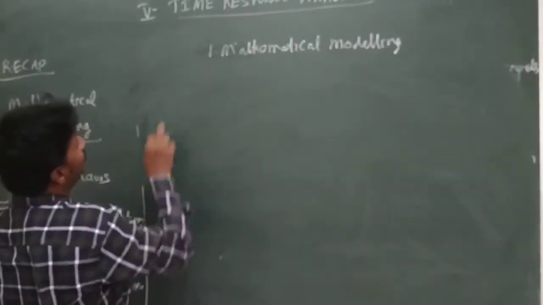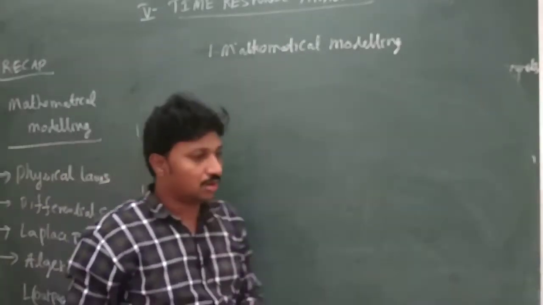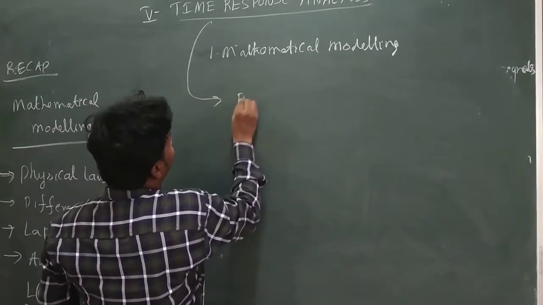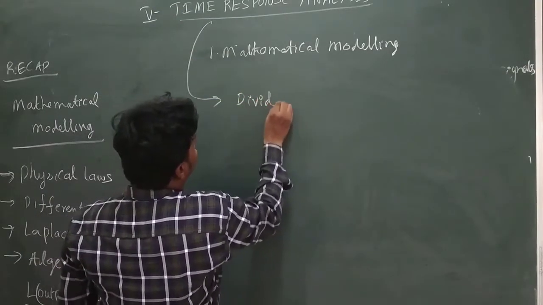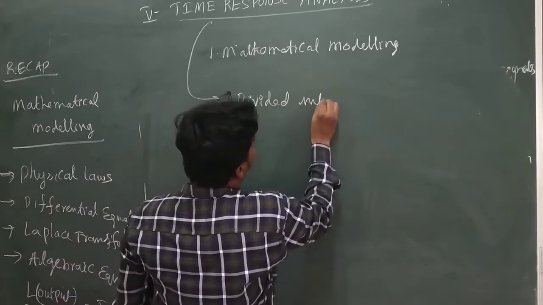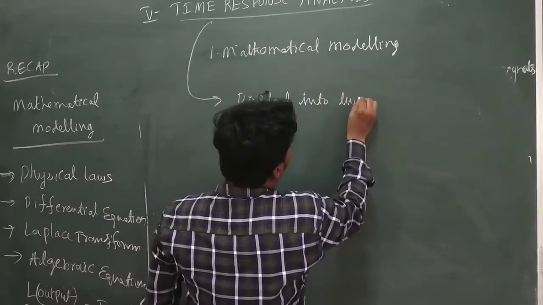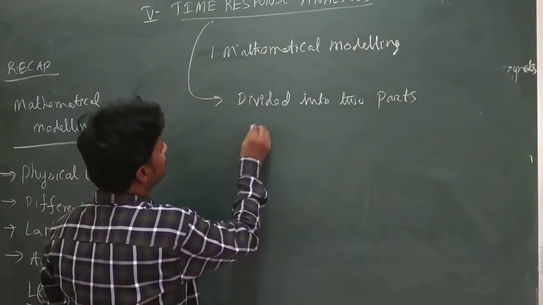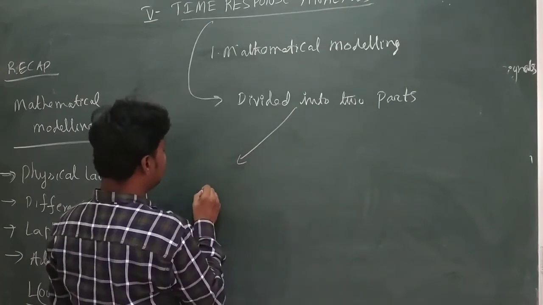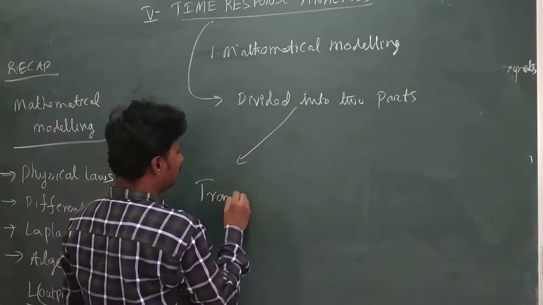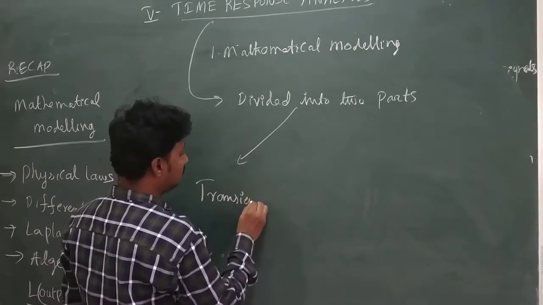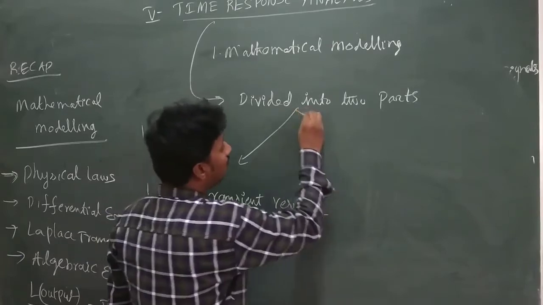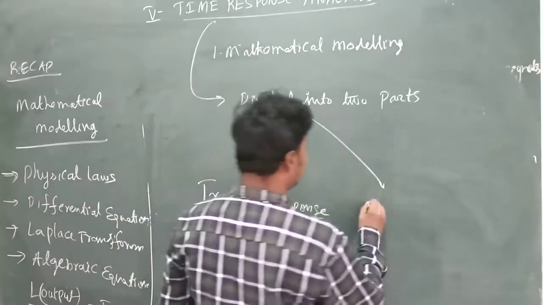So now the time response is divided into two parts. The first one is transient response, and another one is steady state response.